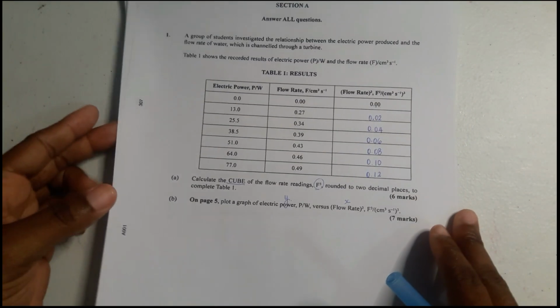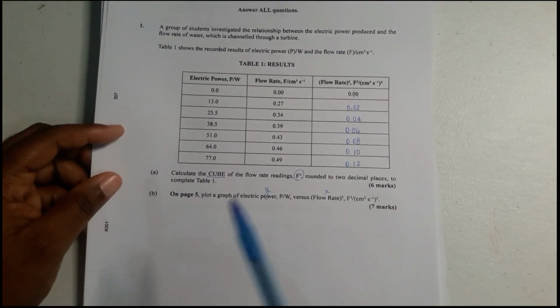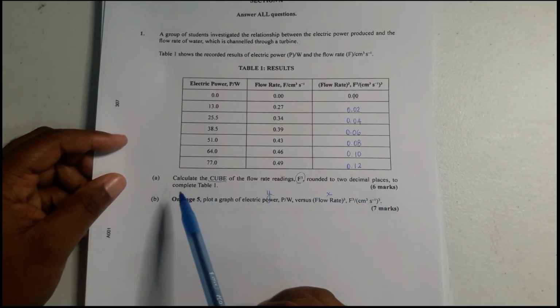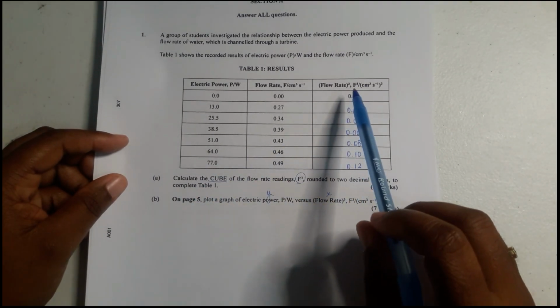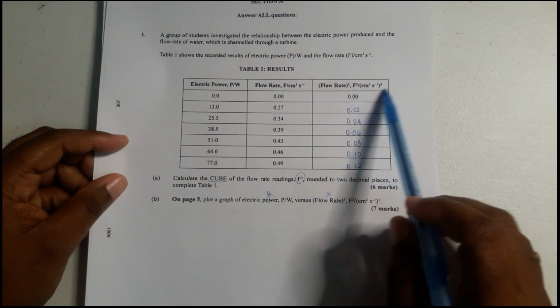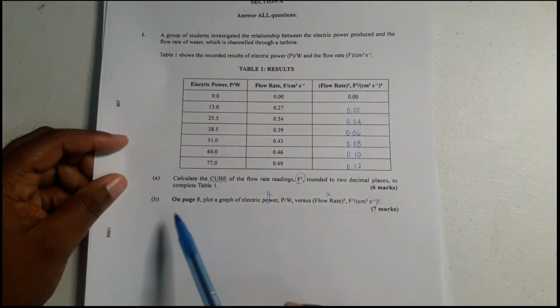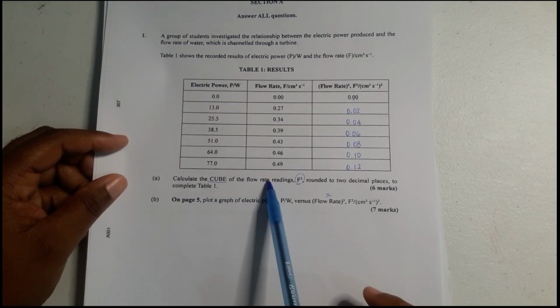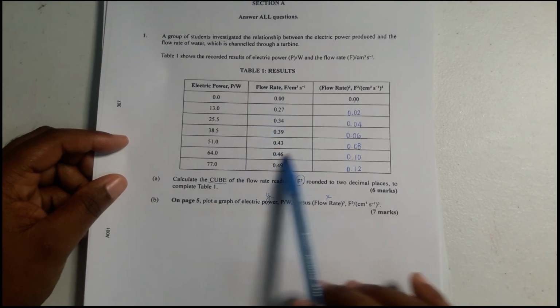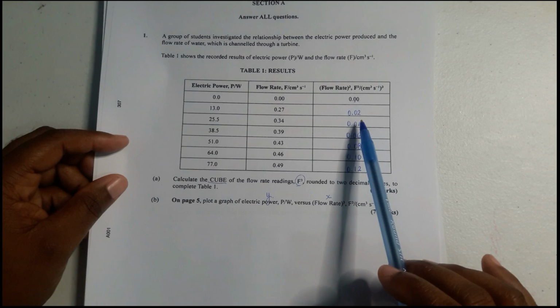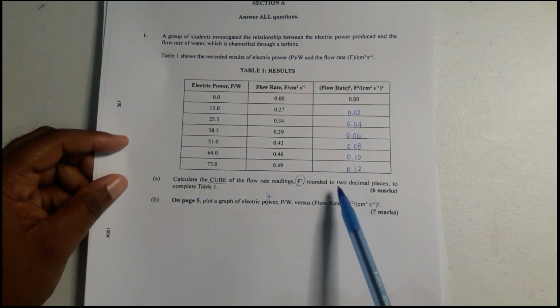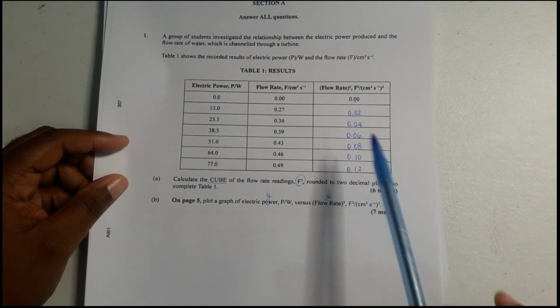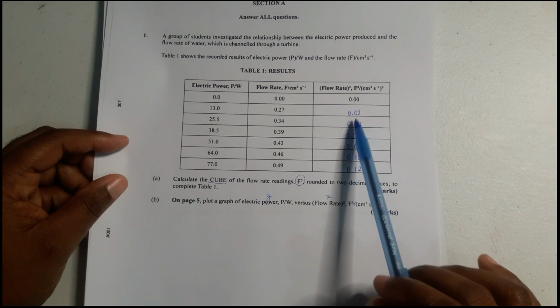Then here, you pay special attention to the instructions. They told you to cube F. So if this looked like a bunch of confusion up here to you, read the instructions carefully. It says calculate the cube of the flow rate readings. So it's saying the flow rate readings in here, cube them to get these. And then they also told you to round to 2 decimal places to complete the table. This is 2 decimal places.